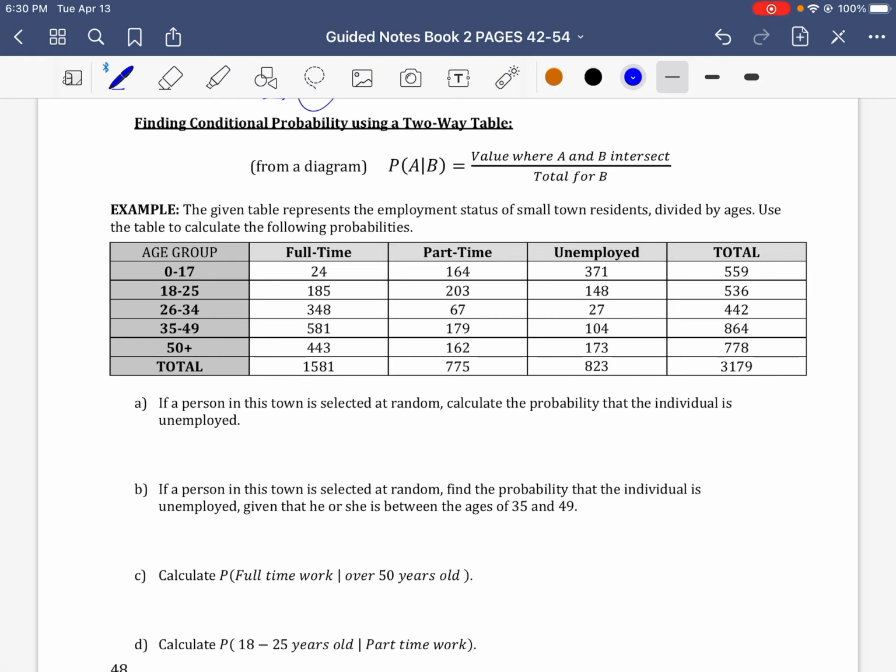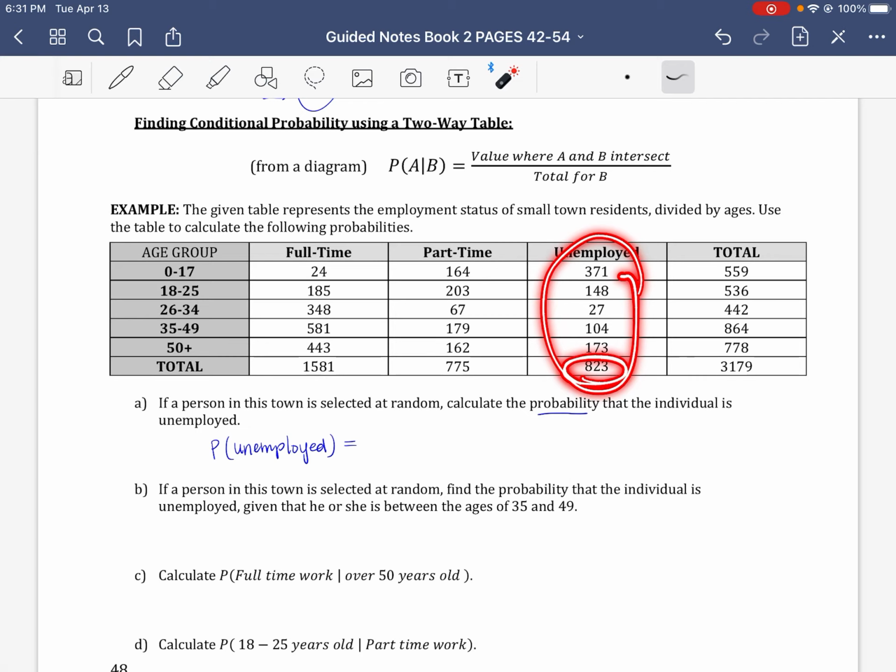So we want to, on part A, calculate the probability the individual is unemployed. So again, I'm going to write it out because it helps me make sense of exactly what I'm looking for. I come up to the table, and this doesn't say given, so this is not conditional. We're just calculating the probability the individual is unemployed. So if I look up here at my unemployed column, right, this many individuals were unemployed, 823.